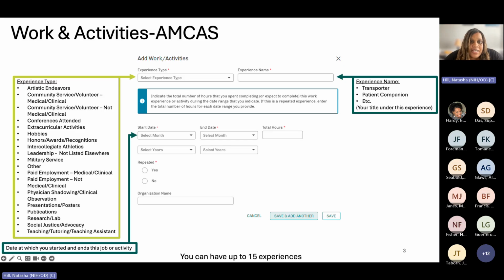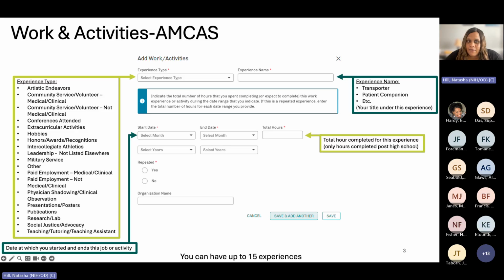Next, you're going to select the start and end date for the experience. If you did this in one lump sum, where you spent, say, 4 hours a week for a whole year volunteering, you're going to put the start date of whenever that year began, the end date of whenever that year ended, month and year, as well as the number of hours.